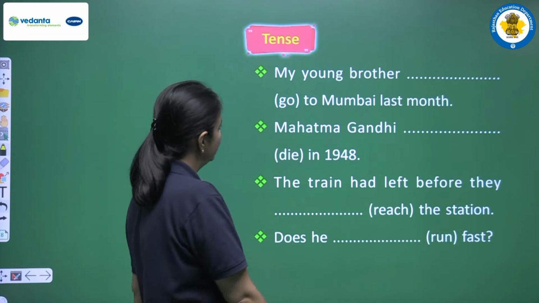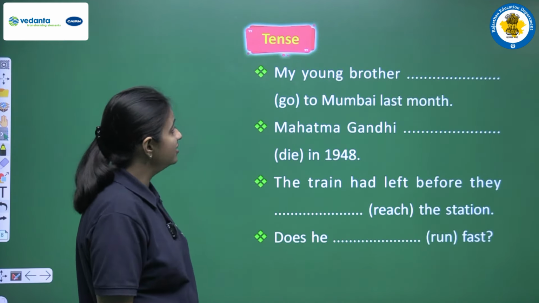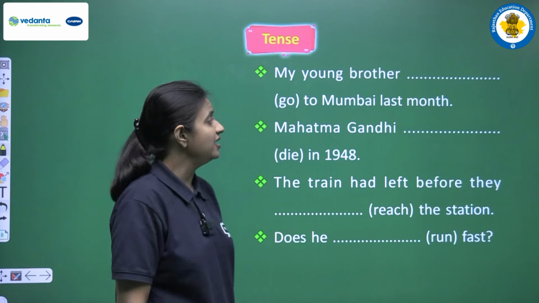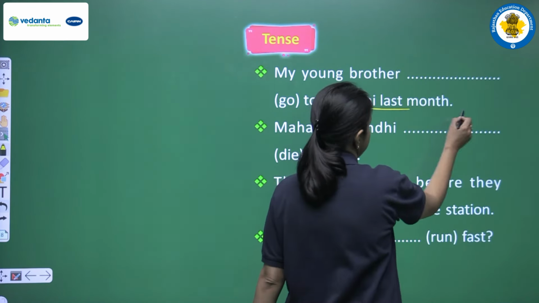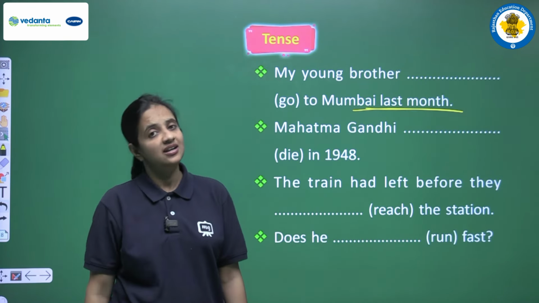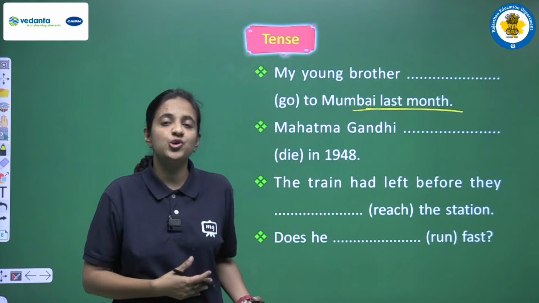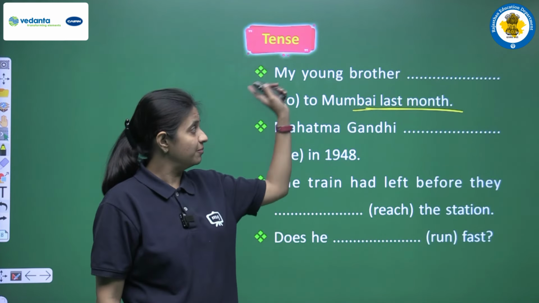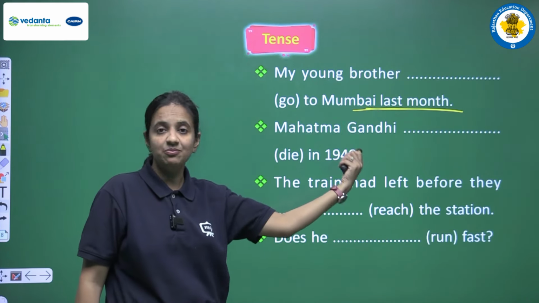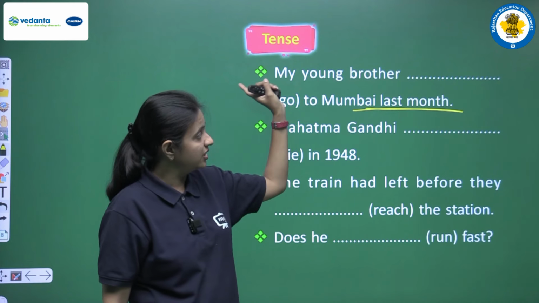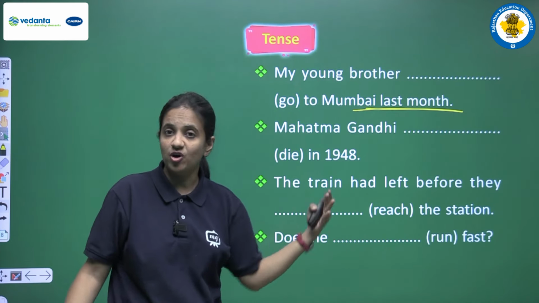Clear? Next, my young brother go to Mumbai last month. So in the sentence we are having last month. Last is a word that is showing past time. So we will complete this sentence using past simple tense. Now we are talking about the pattern of the sentence. This is a positive sentence.